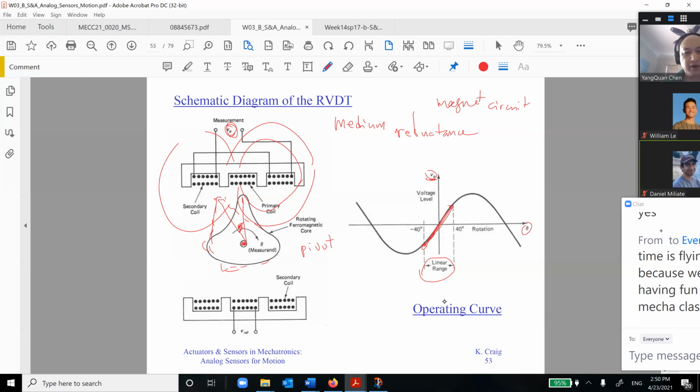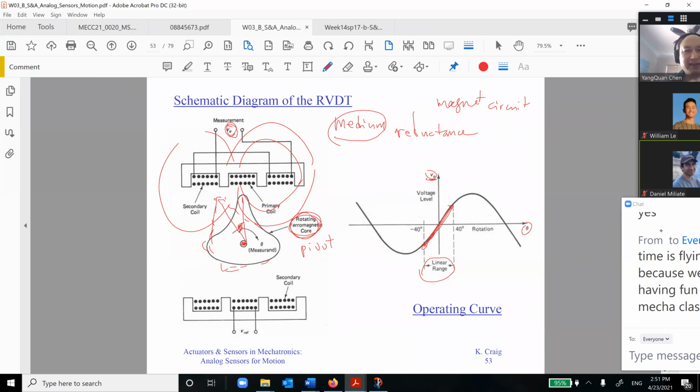This is called an operation curve. Here we have the coils and the rotating ferromagnetic core. Because it's moving, the magnetic coupling, the magnetic medium, is changing.